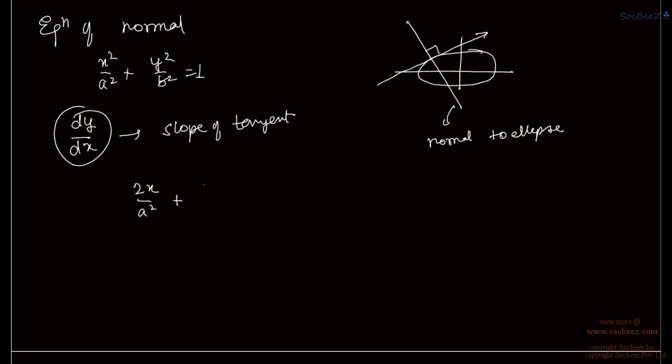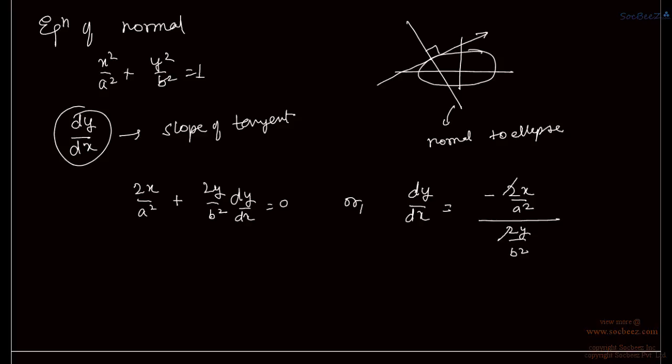Differentiating this equation, 2x upon a square plus 2y upon b square dy by dx is equal to 0, or dy by dx is minus 2x upon a square upon 2y upon b square. The 2 will cancel, so dy by dx is equal to minus b square x upon a square y. So this is the slope of tangent.